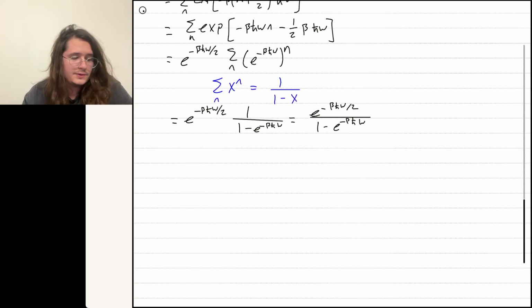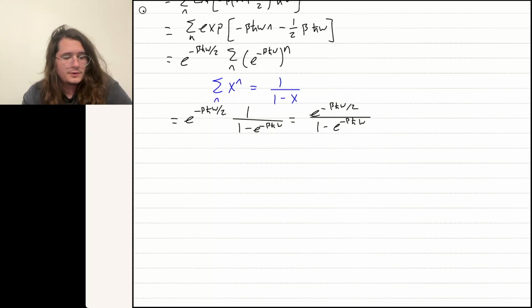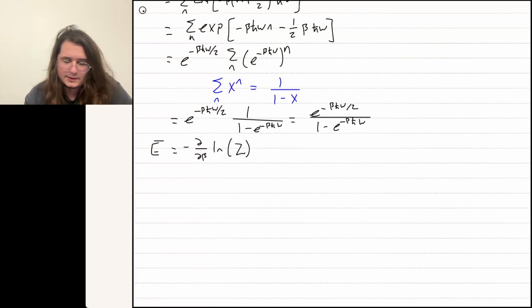Now we're going to use this result and also the result of the first bit to find the average energy for this guy. So the average energy again was the derivative with respect to beta of the natural log of the partition function, where this is the partition function up here.